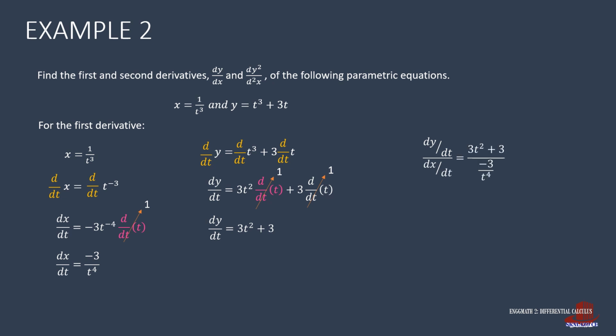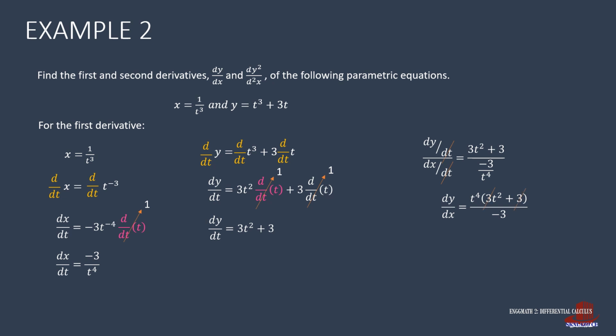Take the ratio of the two derivatives, making dy upon dt all over dx upon dt. This then is 3t squared plus 3 all over negative 3 over t raised to 4. The dt's cancel out, providing dy over dx. Simplify the denominator from the right term, where t raised to 4 is brought to the numerator, making t raised to 4 times 3t squared plus 3 all over negative 3.